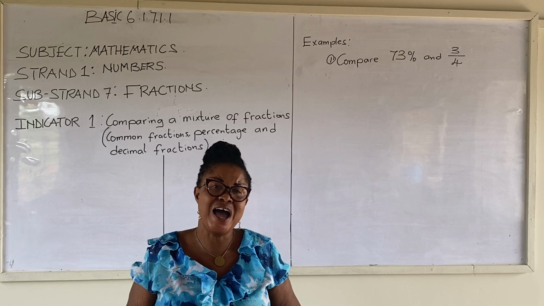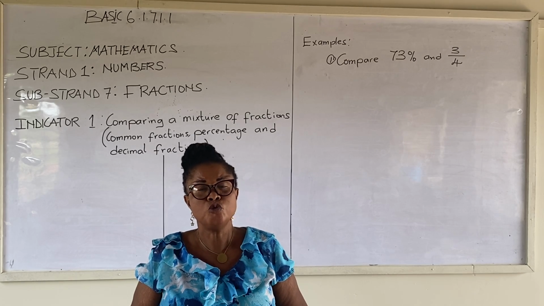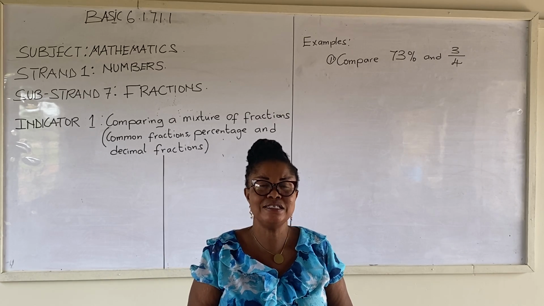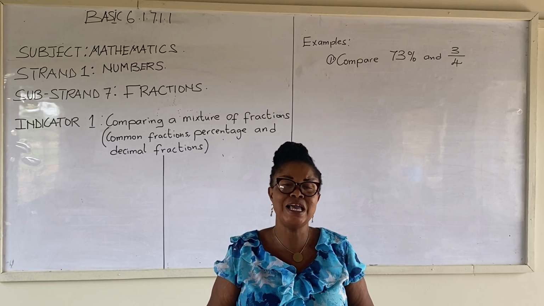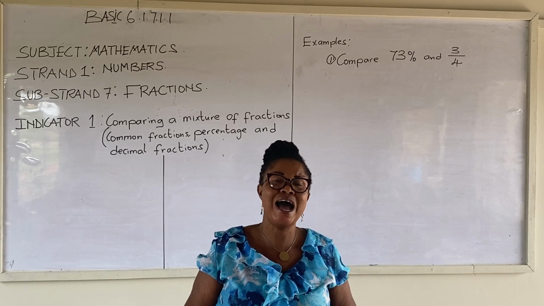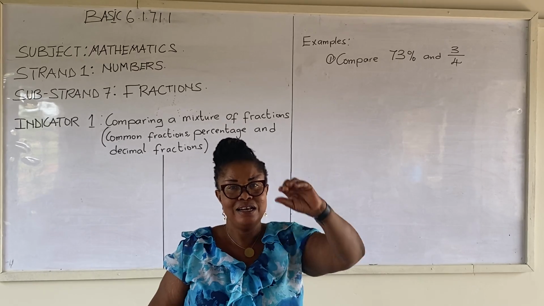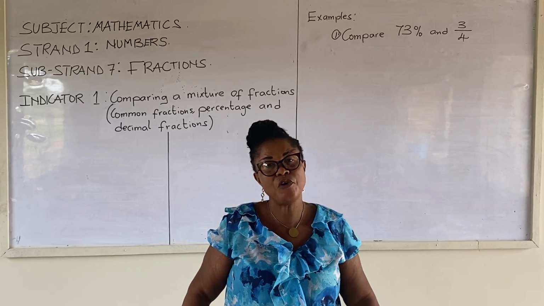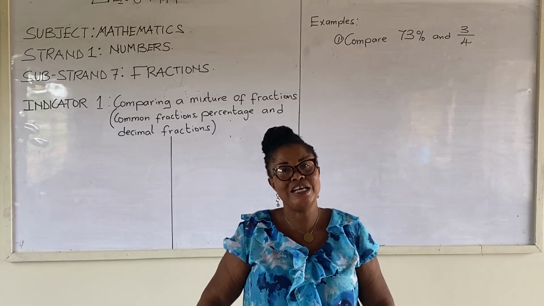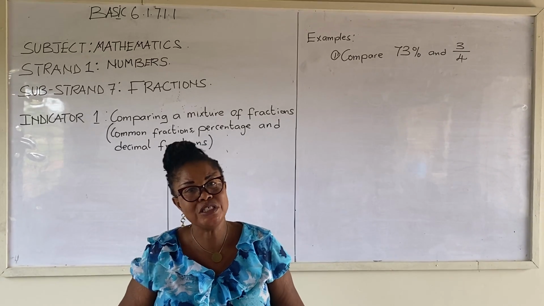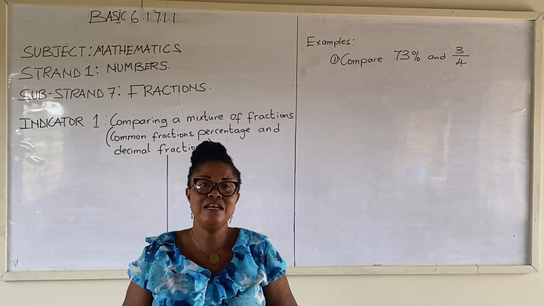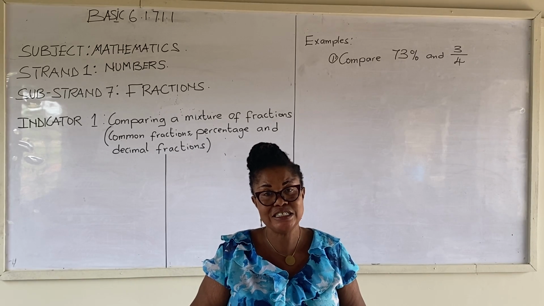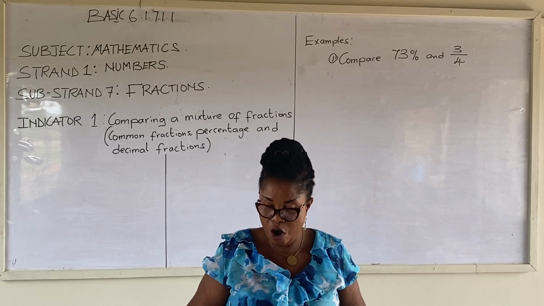We compare fractions using 2 symbols. And in the olden days, the kids used to use their bent elbows as greater than, less than. But from today, we are going to desist from using our elbows in comparing, because as soon as the figures are changed, kids get confused.